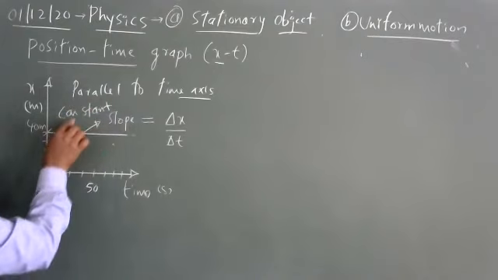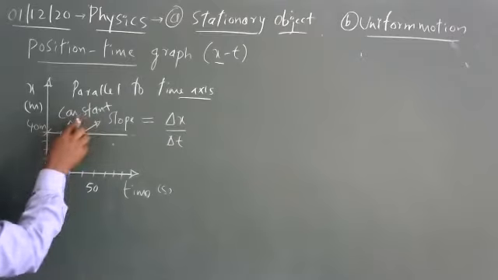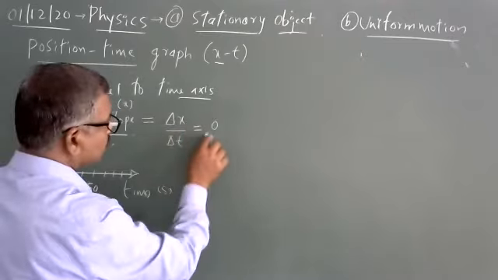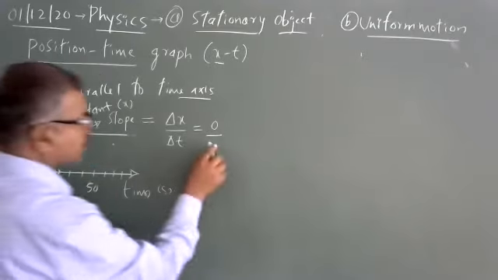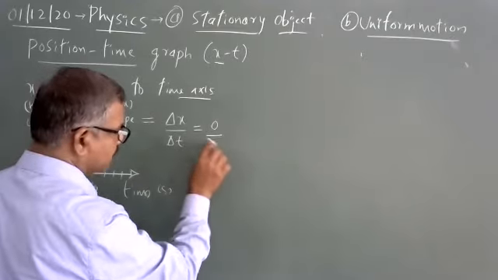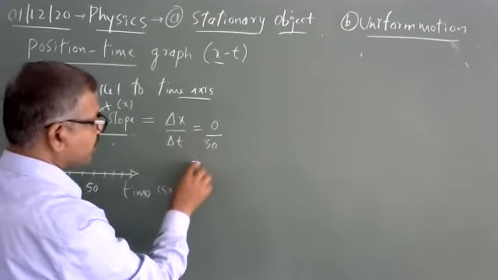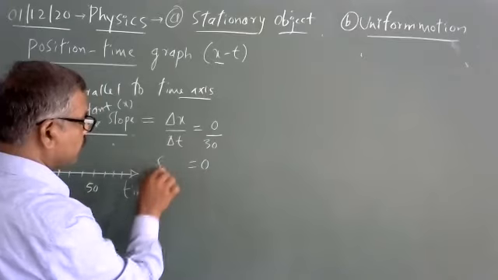This graph indicates that when it's a straight line, the x value is constant, and when the x value is constant, the change in x is 0. Of course, time is changing, but it is not 0. You can say 30 seconds, whatever you write, but finally your answer is that the slope is 0.